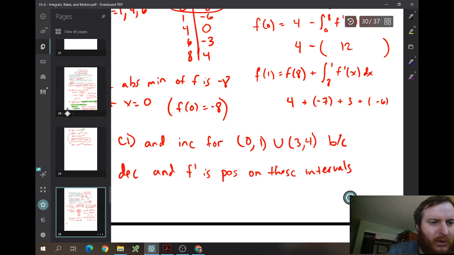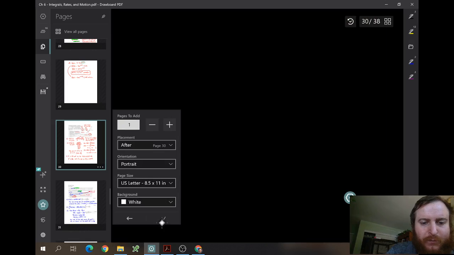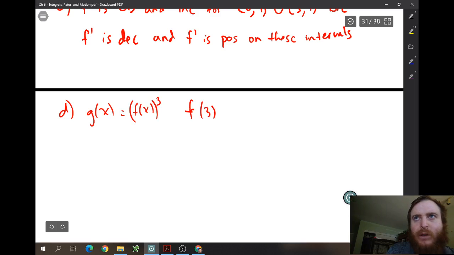All right, and then D was a little bit weird. D gave us a new formula, a formula for g. They said that g of x equals f of x cubed, and they told us that f of 3 is equal to negative 5 halves.